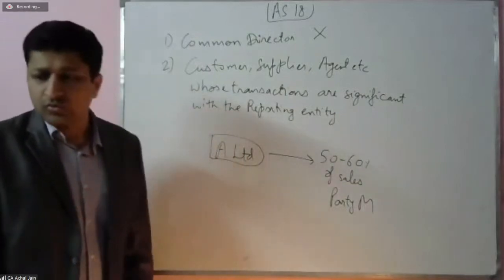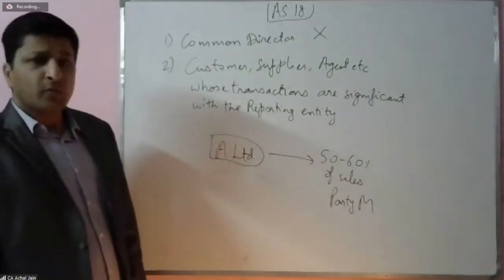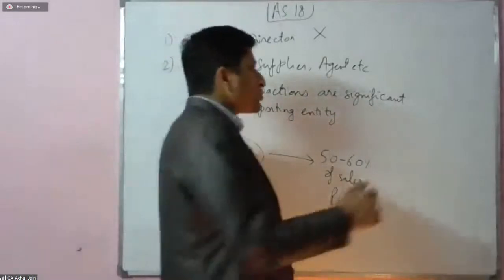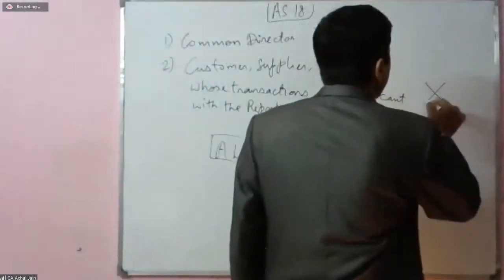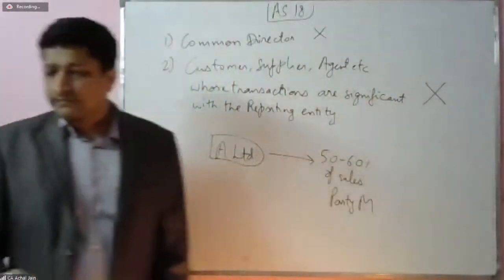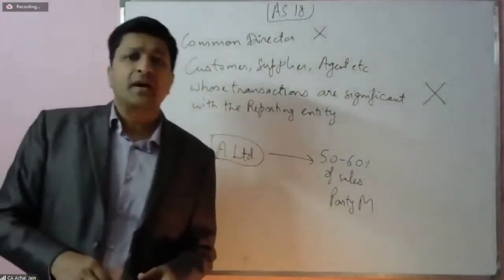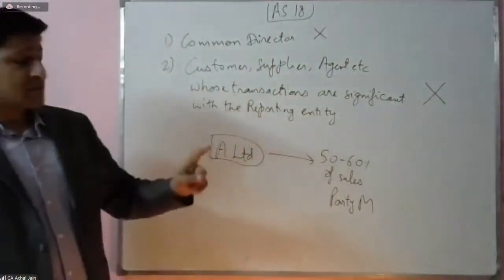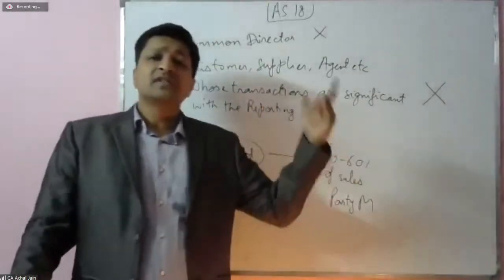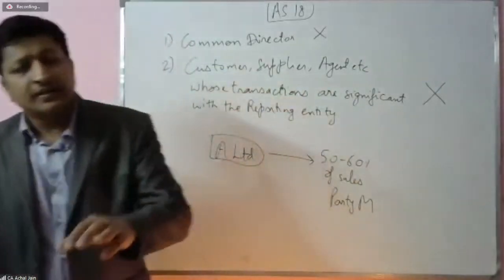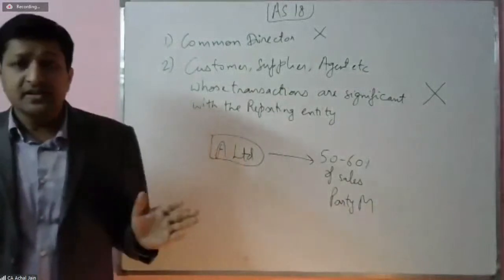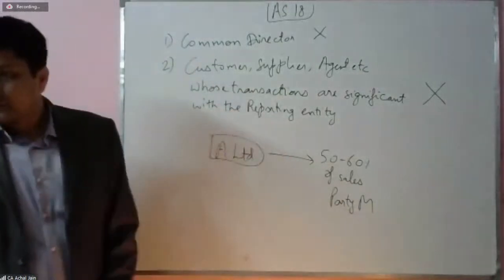The answer is no. So just by having significant volume of transactions, we cannot make two parties as related parties. Yes, of course, if the criteria which we discussed in A to E is met, then they will become related. Otherwise, not.